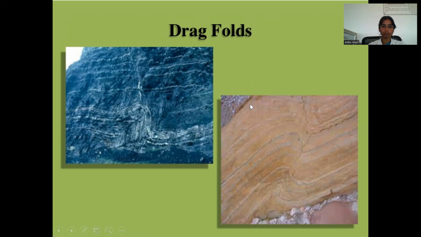You see here, when a comparatively weak bed lies between two strong beds, sliding motion in the stronger beds leads to the development of a minor asymmetric fold. This is called a drag fold within the weaker bed.